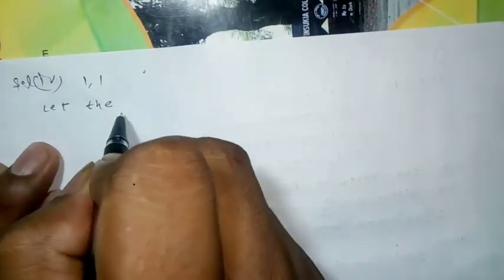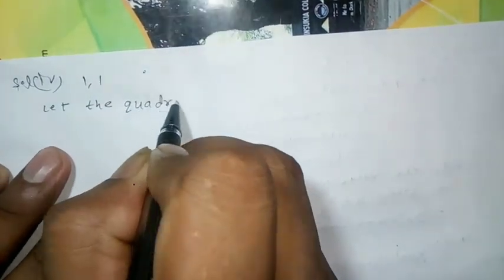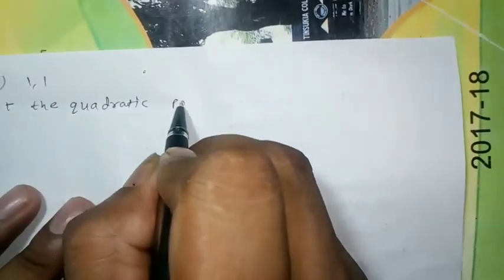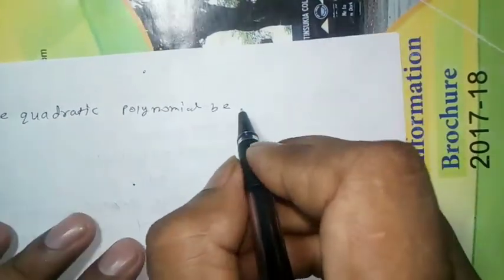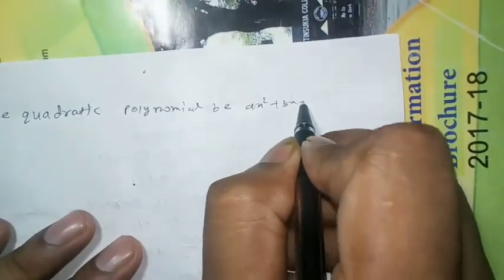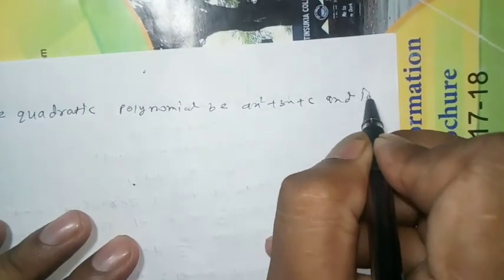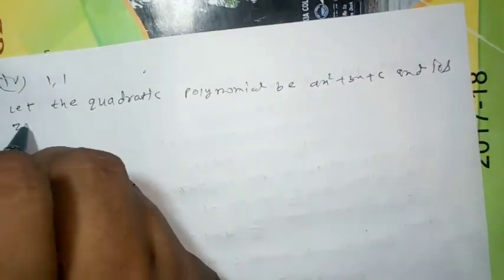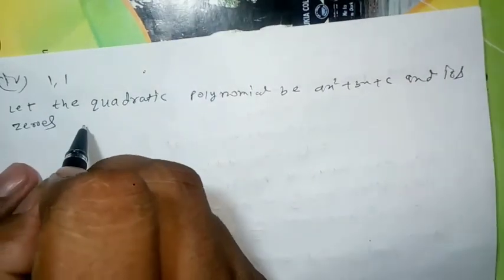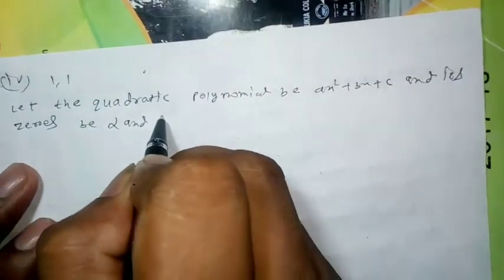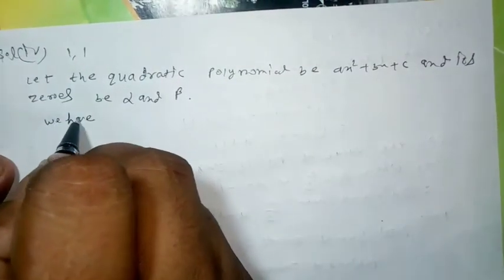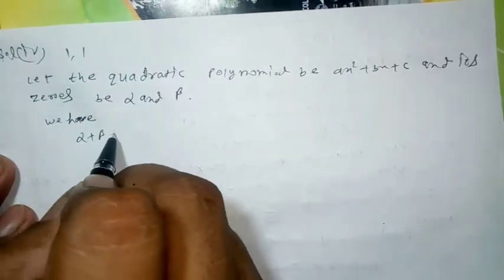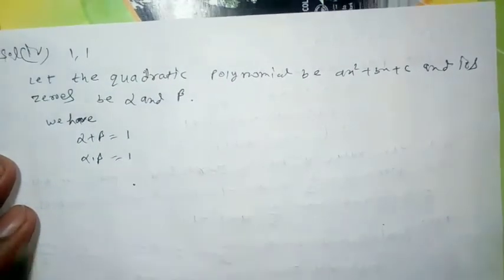Let the quadratic polynomial be ax square plus bx plus c and its zeros be alpha and beta. We have alpha plus beta is equal to 1, alpha into beta is equal to 1.